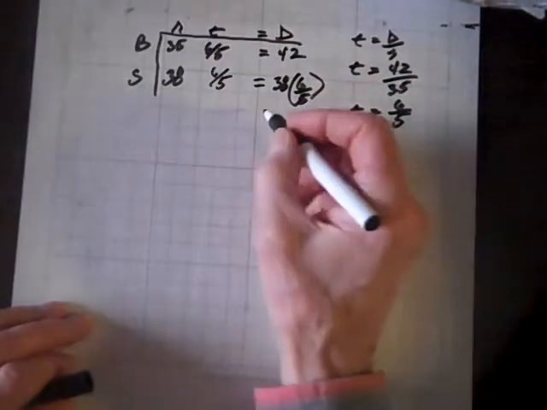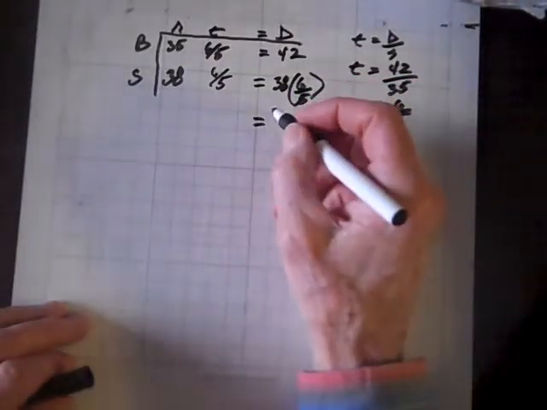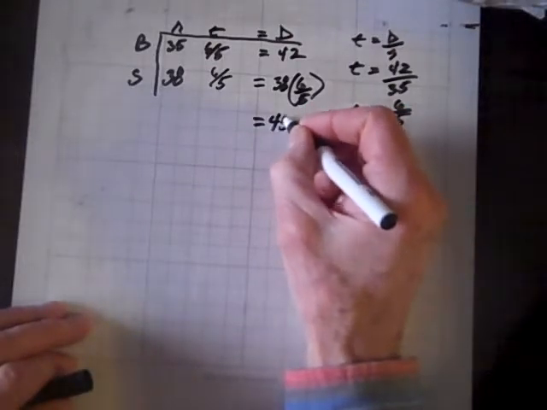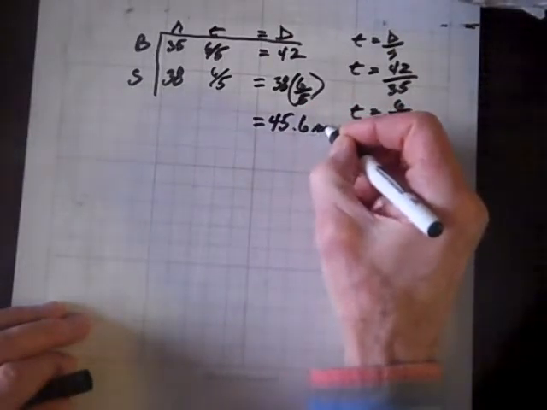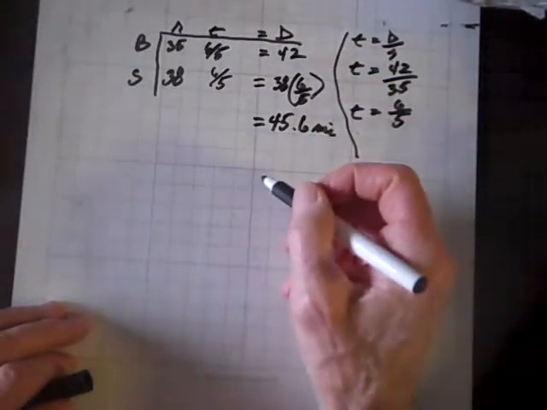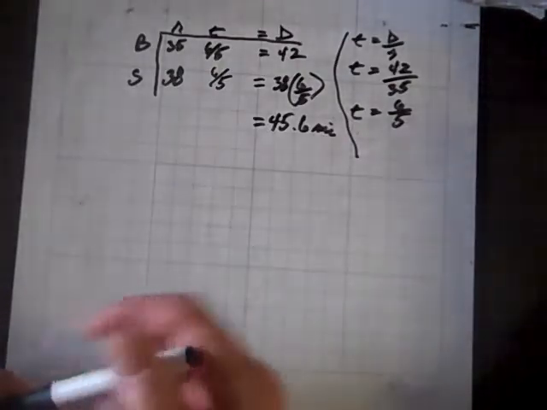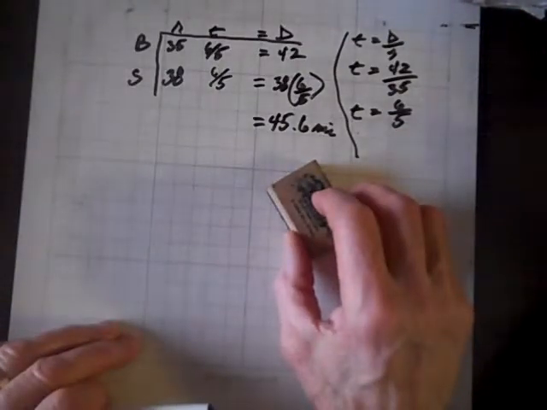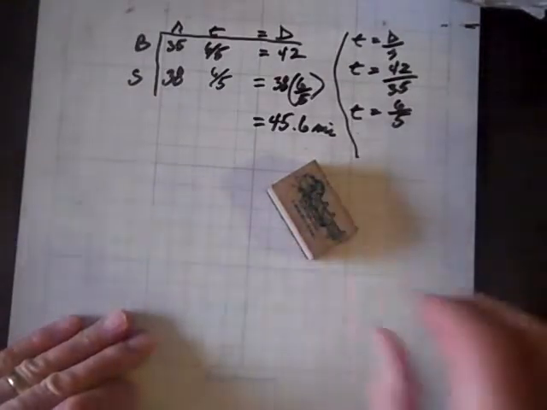And the product of those two using a calculator is 45.6 miles. So Spot will travel 45.6 miles, while the combined distance for the gentlemen is 42 miles.